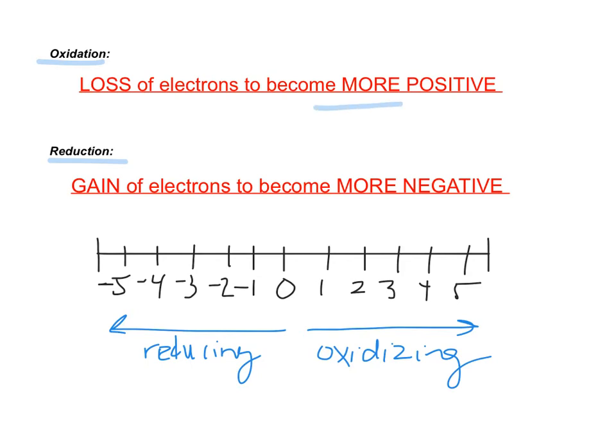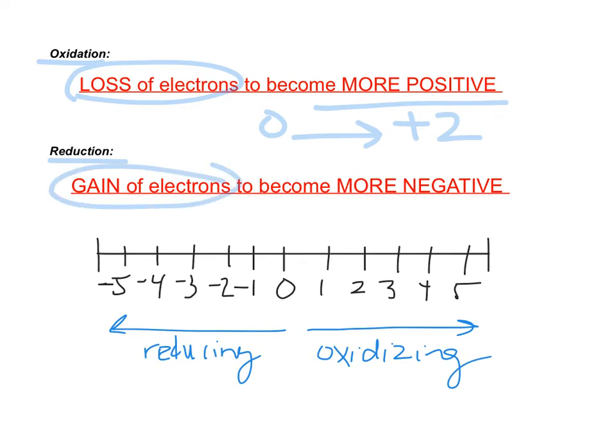Oxidation is a thing that's becoming more positive, like goes from 0 up to +2. But remember, why did it get more positive is because it has lost electrons. So oxidation is an element that has lost electrons and it's become more positive. And then reduction is just the exact opposite. It's a substance that has gained electrons, therefore it's becoming more negative.